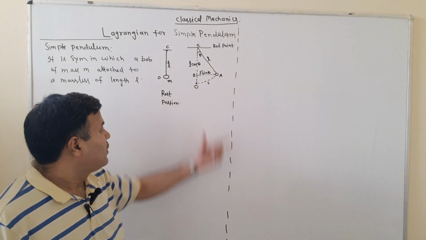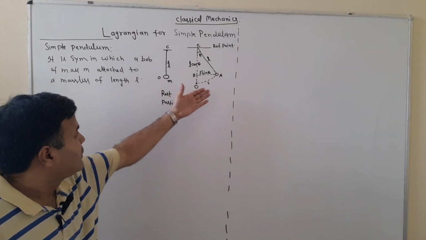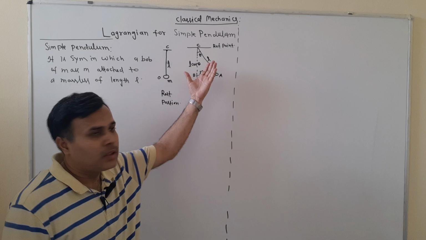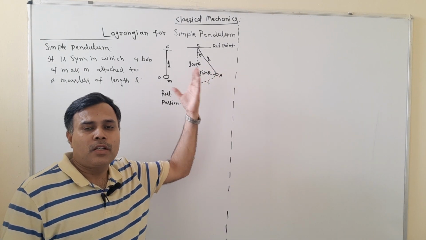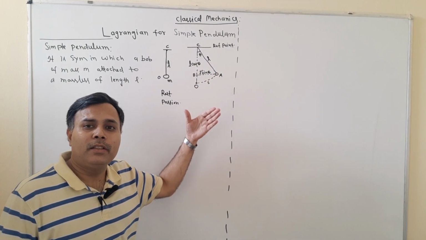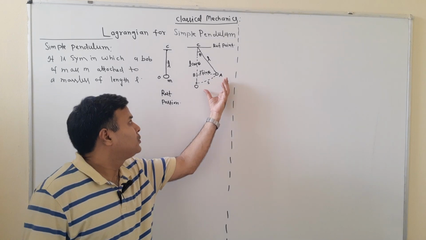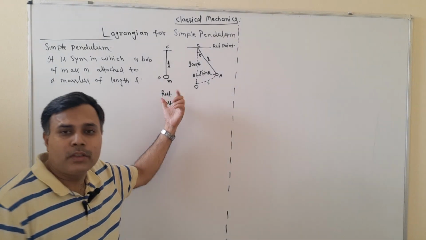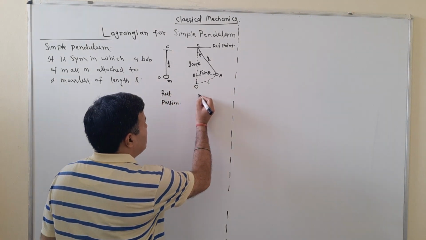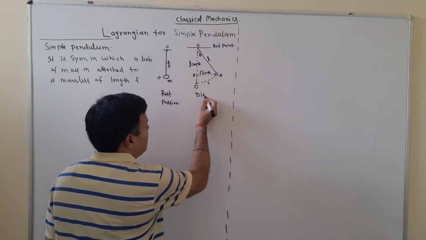So in this case, what is our system? This is the system. Now this is in the displaced or disturbed position, and we have to analyze the trajectory of this disturbed system, not this, because this is the rest position and this is the displaced position.